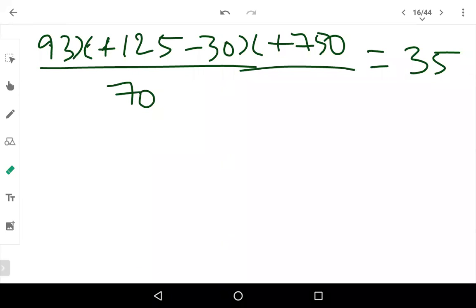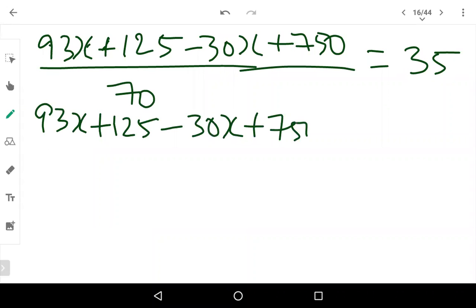Now in the next step, we can take this 70 to the other side. Taking 70 to the other side, 93x plus 125 minus 30x plus 750 is equal to 35 into 70.